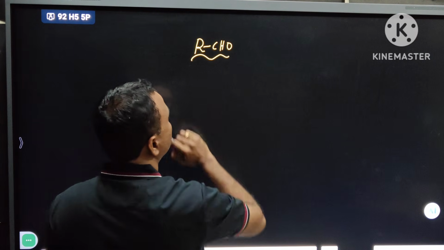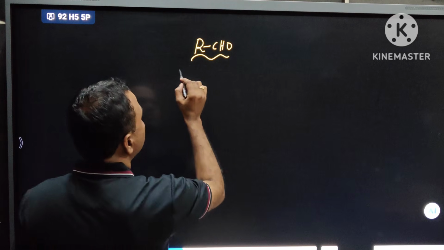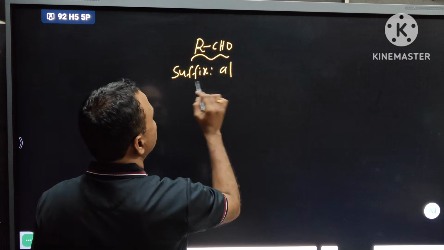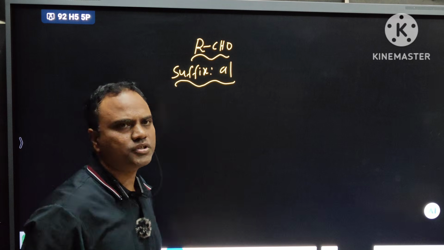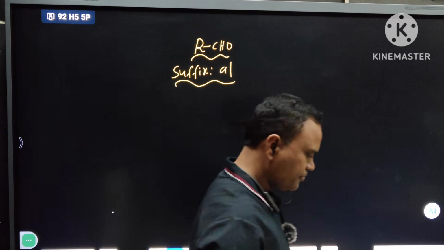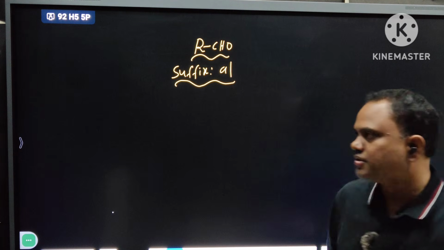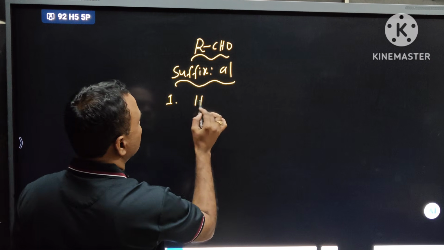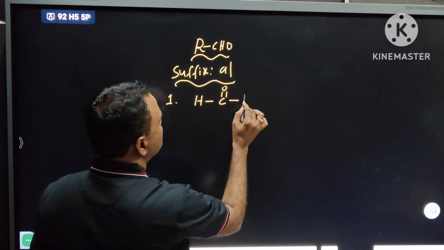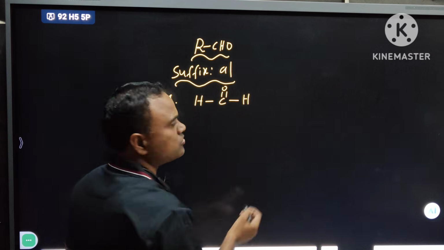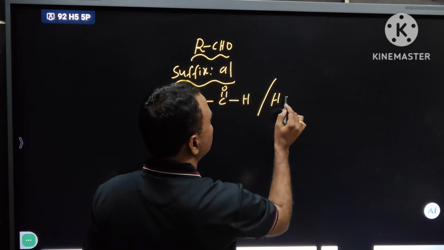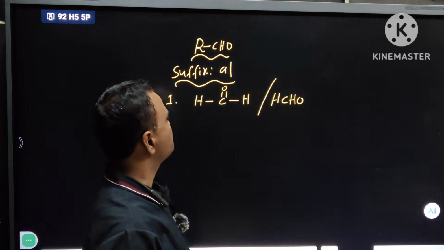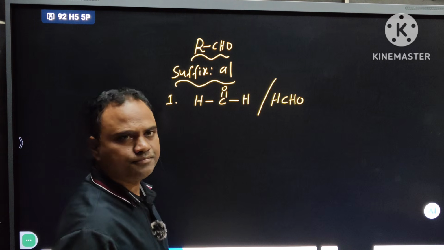Now, next. Aldehydes. What is the suffix for aldehydes? Al. The suffix for aldehydes is al. Right. HC double bond OH, it is also represented simply as HCHO. Aldehyde.